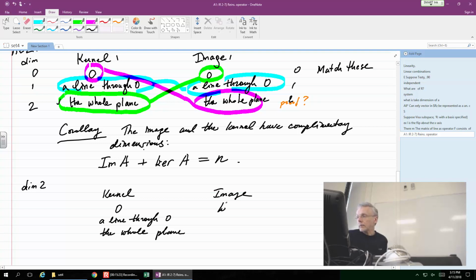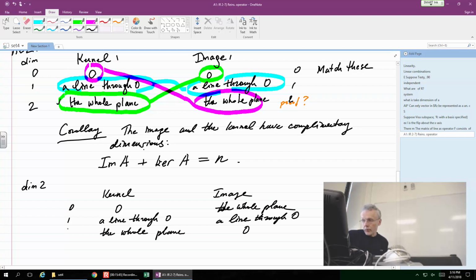So the whole plane, a line through 0, and 0. Okay, so that is the match, the three cases.